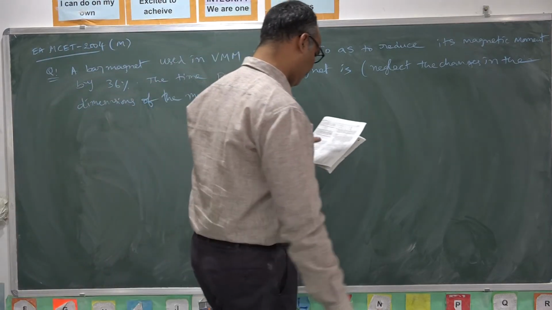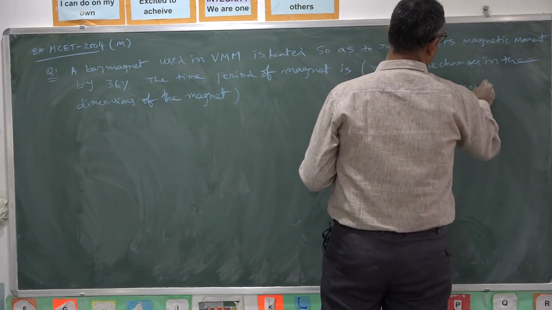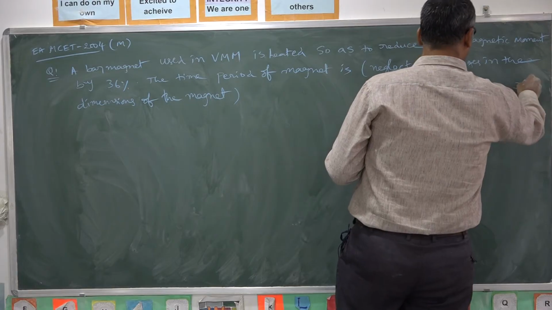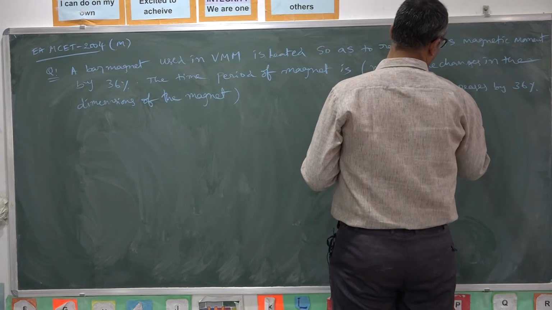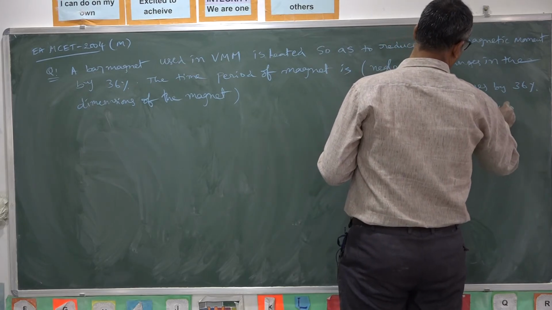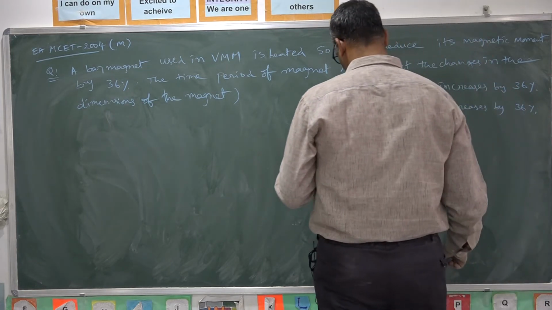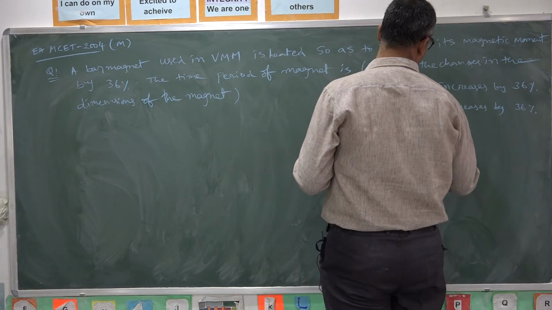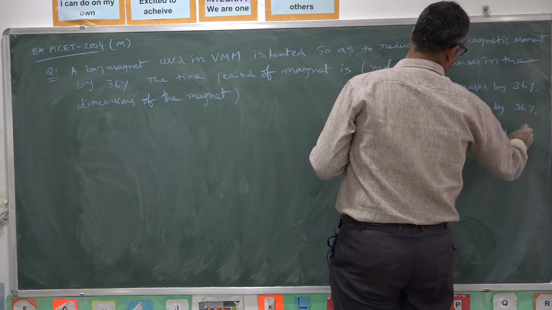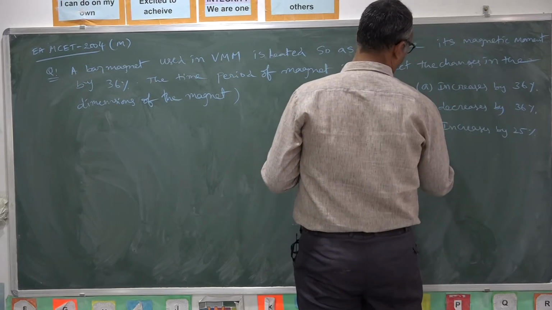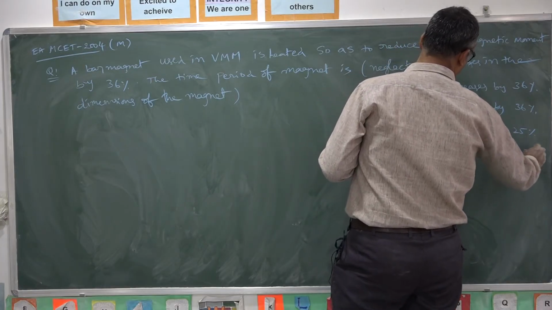So options are like this: increases by 36%, decreases by 36%, increases by 25%, decreases by 25%.